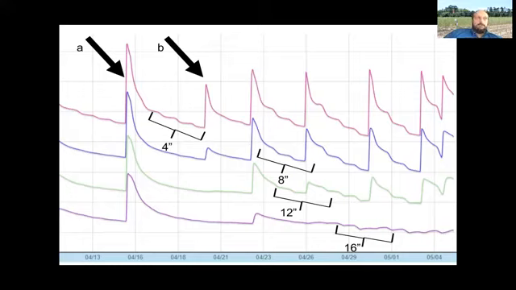Personally, I don't have a preference for any soil moisture sensor vendor, just as long as the data is high quality and we can use it to make irrigation decisions. Most of the time I say to my growers that if you're looking for a soil moisture sensor vendor to use, go with one that you can trust.